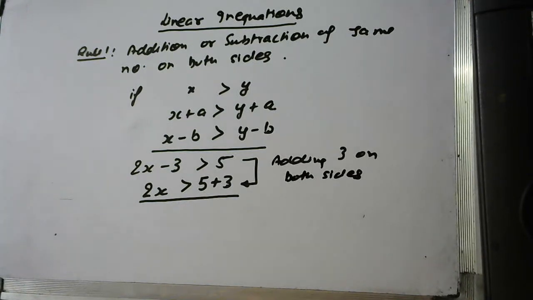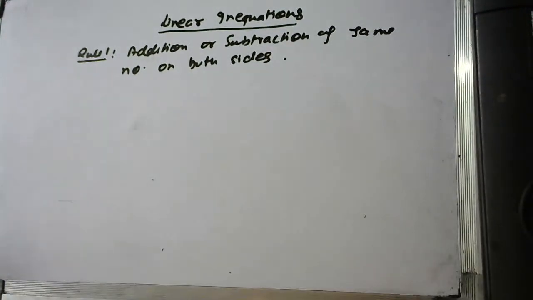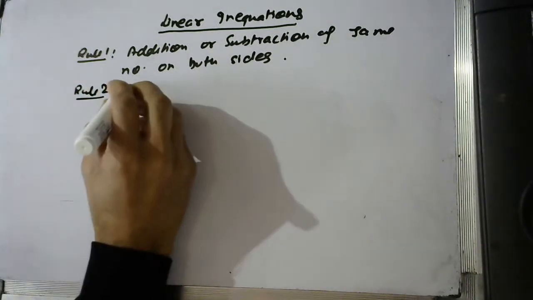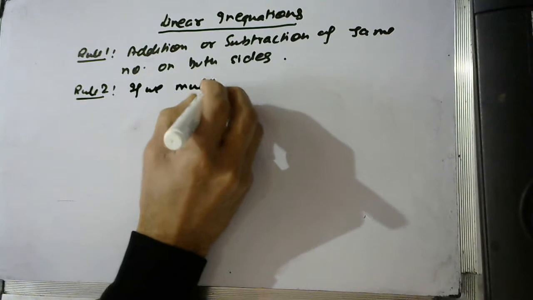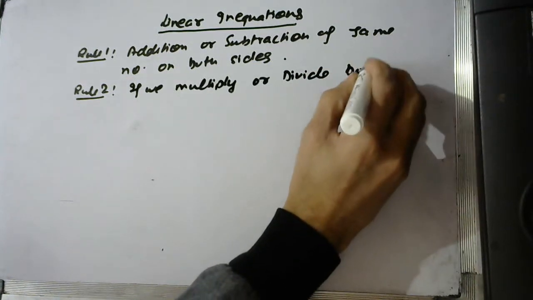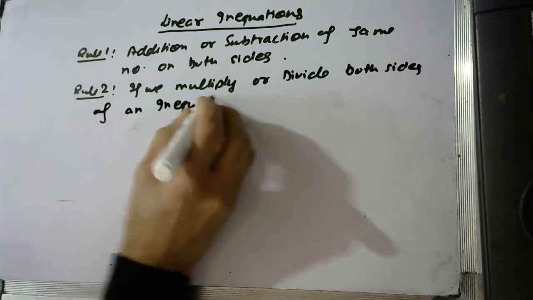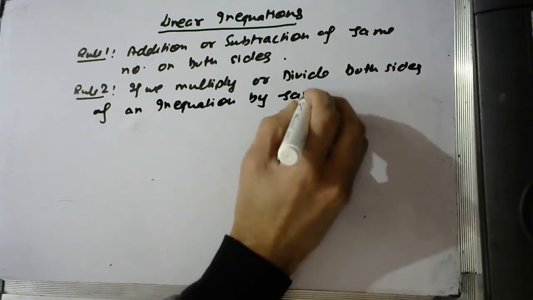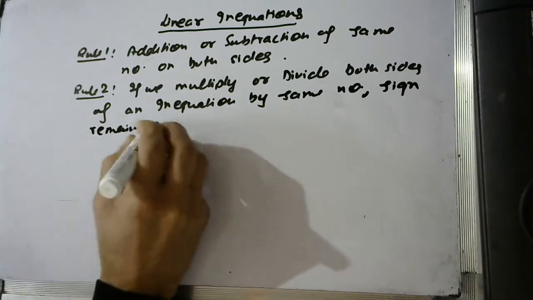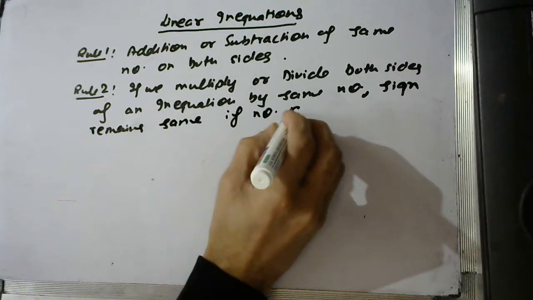Now in the second rule that we considered, according to this rule, if we multiply or divide both sides of an inequation by the same number, the sign of inequality remains the same if the number is positive.